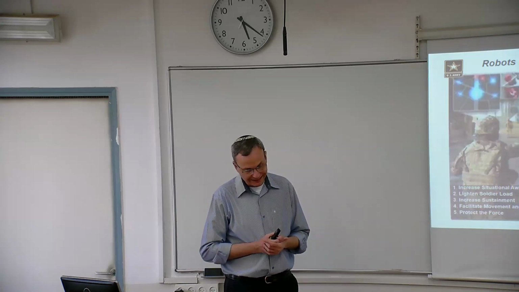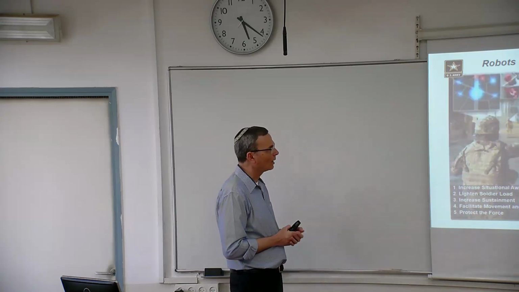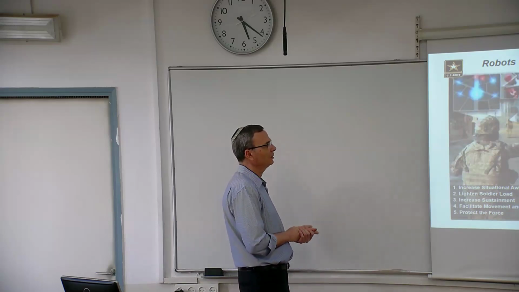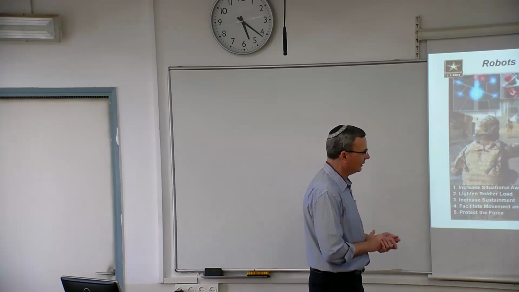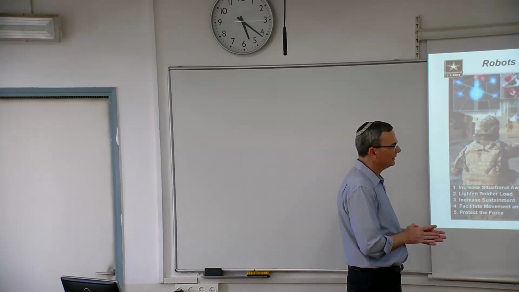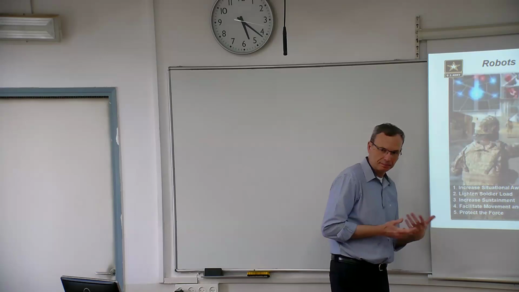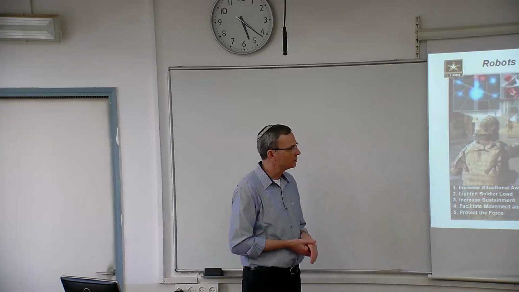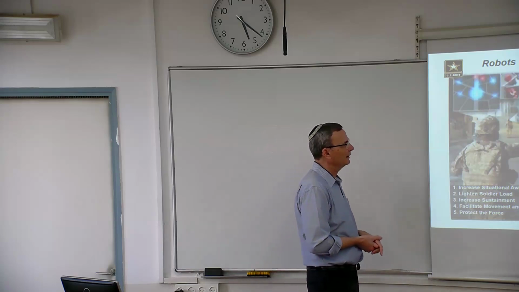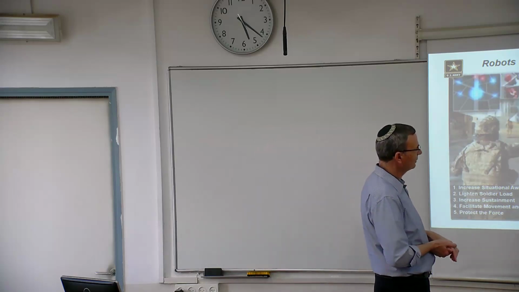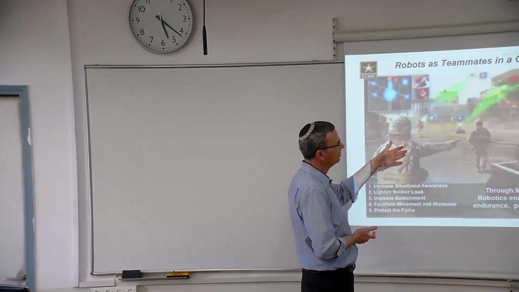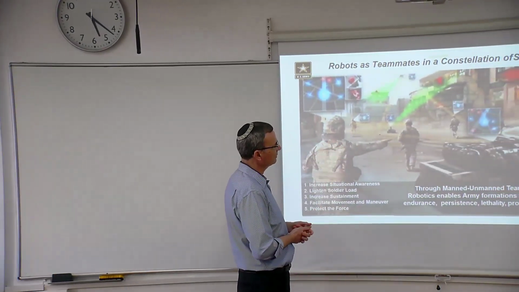Let's switch to the military world. What we see here is a vision slide of the US Army, and they speak about teammates, but they not only speak about it, they also work on it. The idea is that each platoon will be combined of human soldiers and robot soldiers.